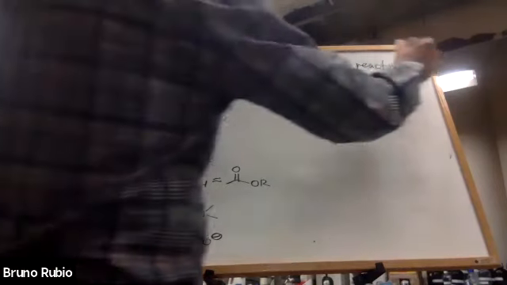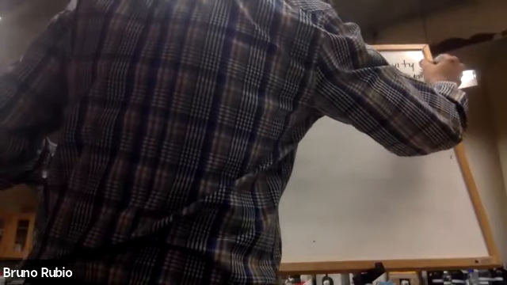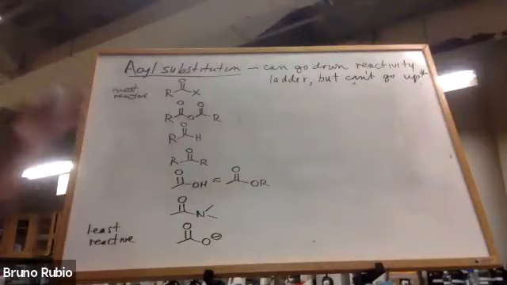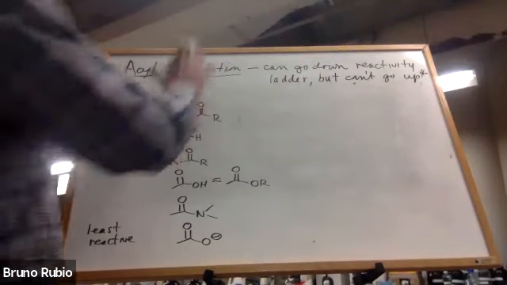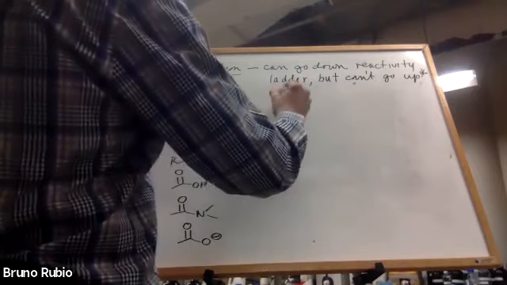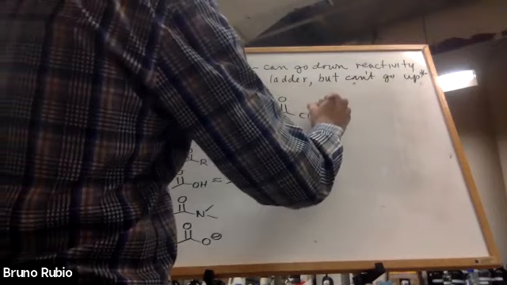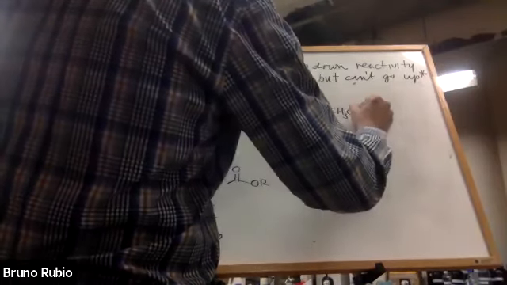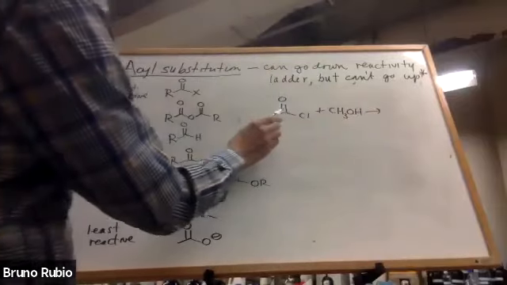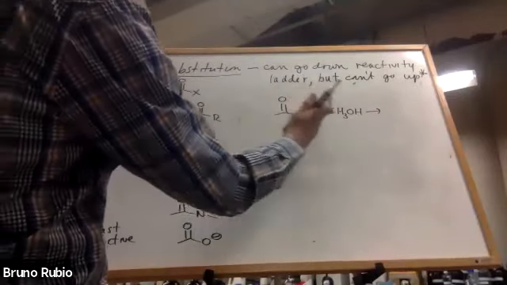Of course, the truth is so messy. There are a few exceptions that I want to talk about, but not really many exceptions. Okay, so what do I mean by this? So something like this, acyl halide plus CH3OH. There's the carbonyl carbon bonded to something that's not carbon, not hydrogen. That's the leaving group. It's going to break off.